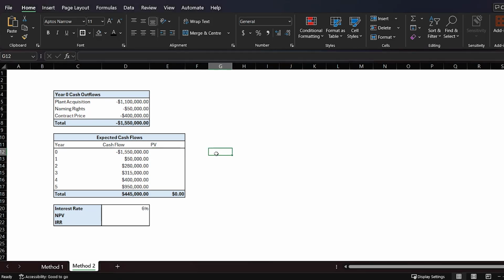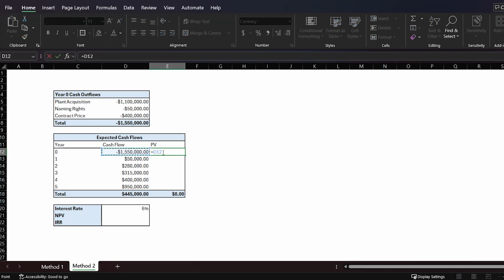The other method of computing net present value is very similar, however, we are not going to use that formula. Instead, we're going to discount our cash flows to the present value. In order to do this, we just do the following simple formula. We do equals our cash flow divided by parentheses 1 plus our interest rate, close parentheses, to the power of whatever year it is.